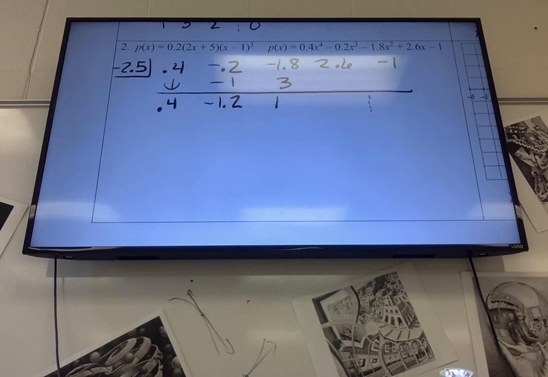Add those up, I get positive 1.2. Negative 2.5 times 1.2 should be a negative 3. So that's negative 0.4. And negative 2.5 times negative 0.4 is positive 1.